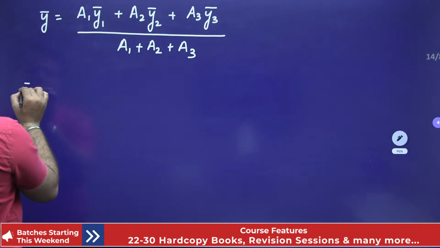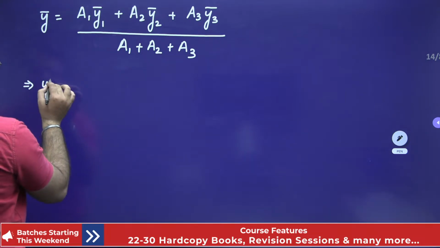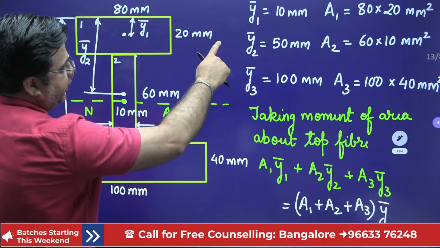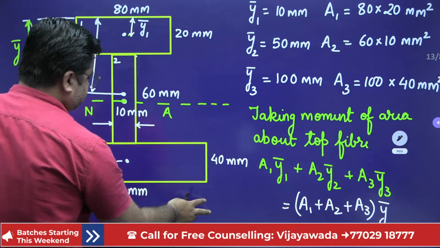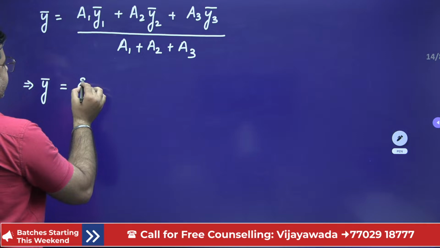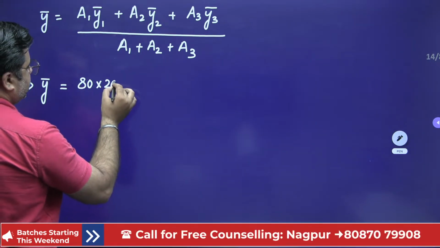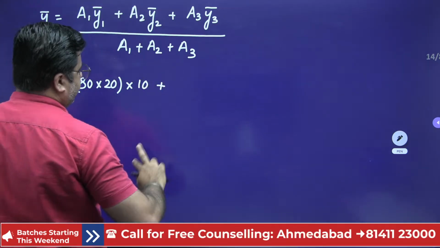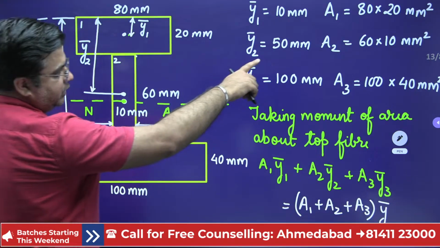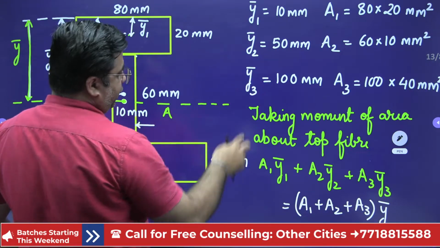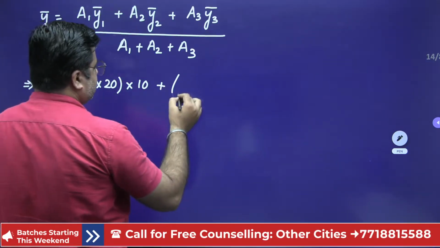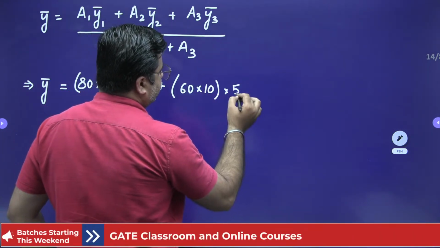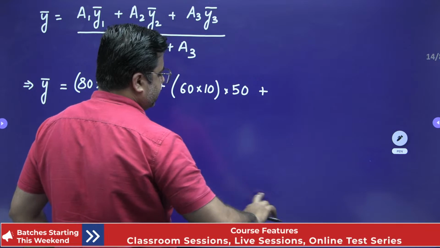Just substitute the values. Y bar is equal to A1, which is 80 into 20, and Y1 bar is 10. So 80 into 20 multiplied by 10, plus A2 Y2, which is 60 into 10 into 50, plus A3 Y3 bar.